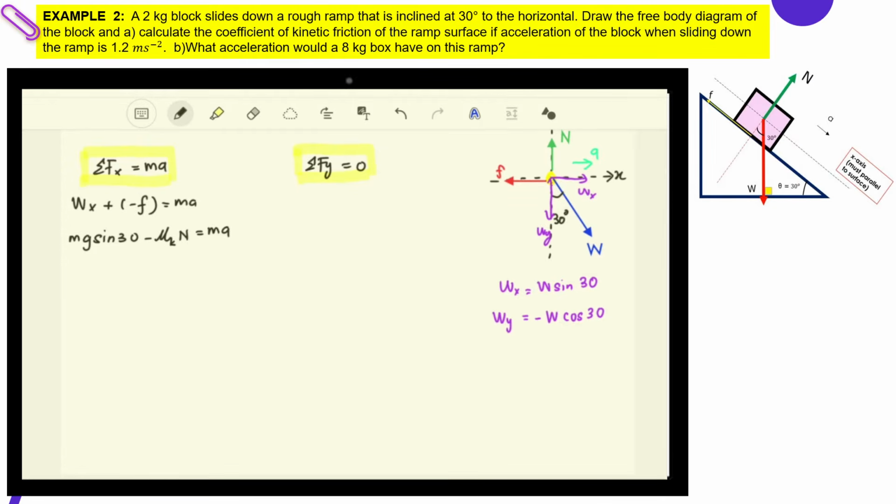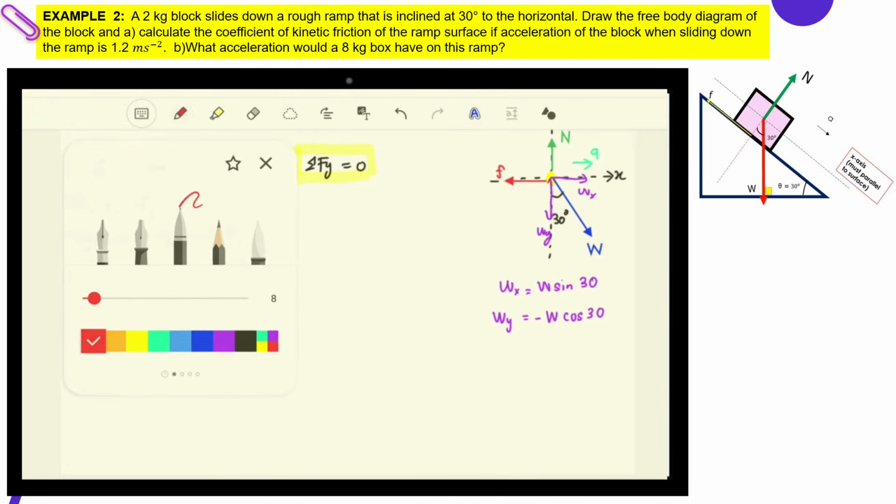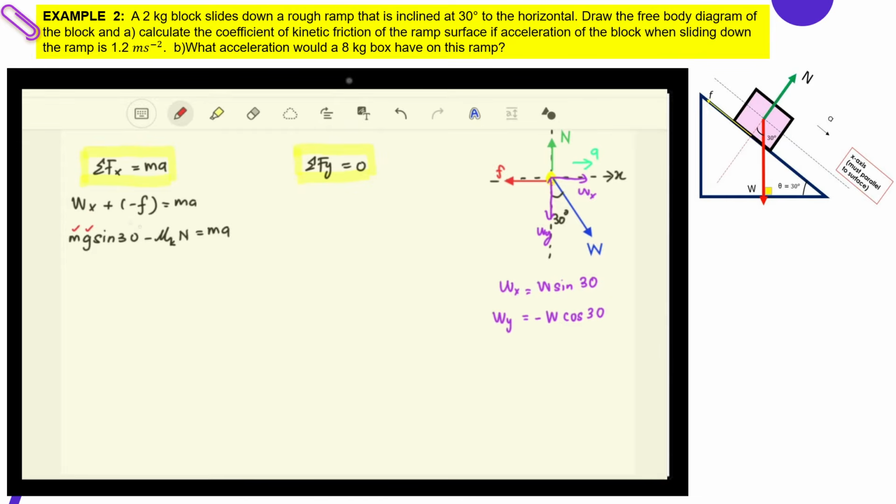We do have all the values here, mg, mu k, ma, but we don't have the value of the normal force N. So we need to find the value of the normal force.